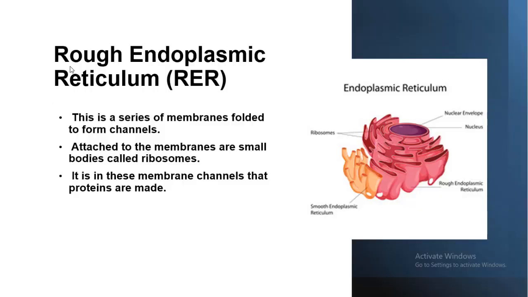Other than this, we have another organelle, rough endoplasmic reticulum. Its short form is RER. These are also found in cytoplasm. This is a series of membranes folded to form channels. Attached to the membranes are small bodies called ribosomes.